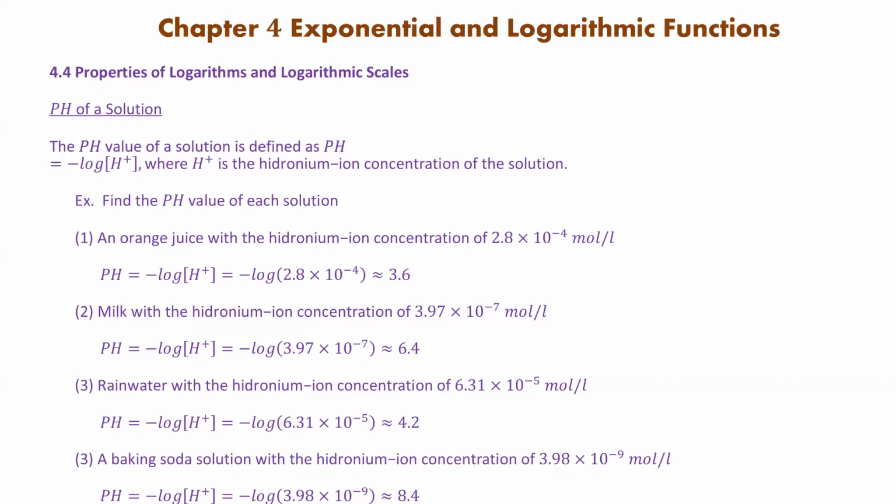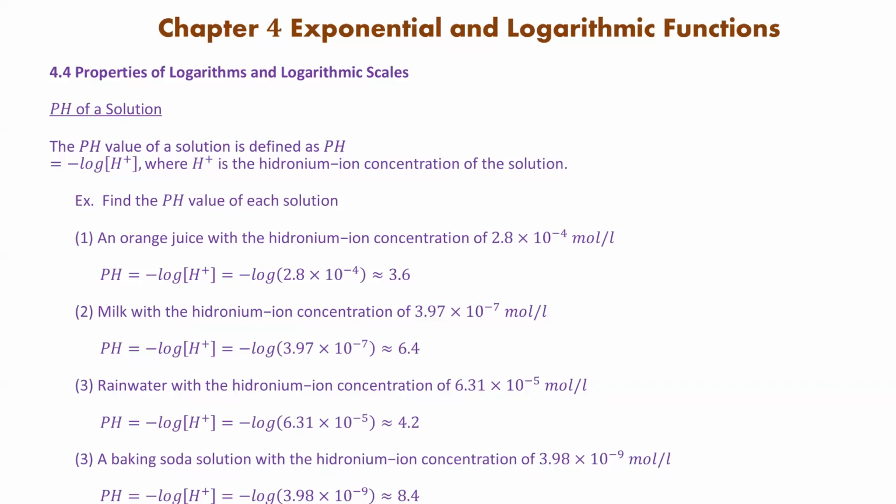The second example is milk with the hydronium ion concentration of 3.97 times 10 to the negative 7 moles per liter. Again, just using the definition of pH value, that's the negative log of hydronium ion concentration. So that's negative log of 3.97 times 10 to the negative 7.